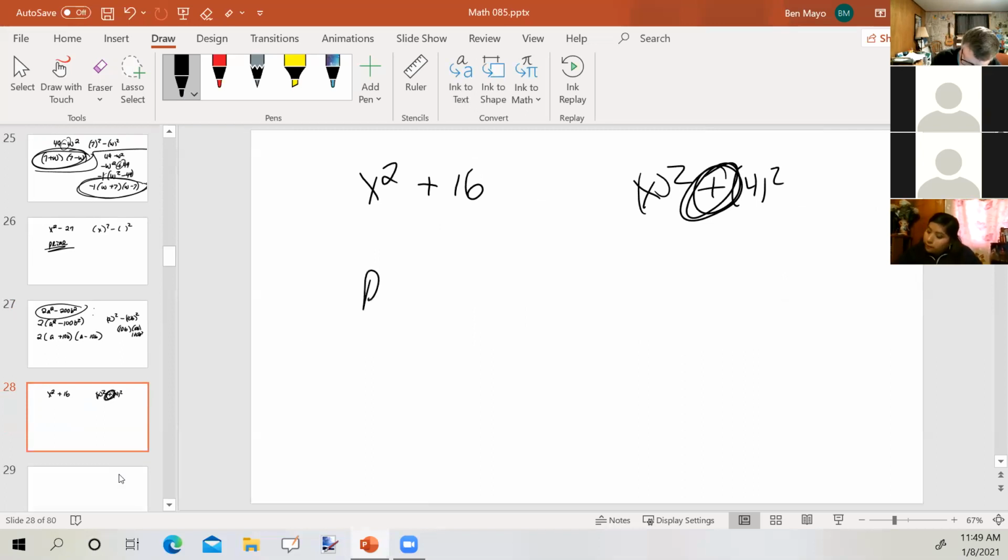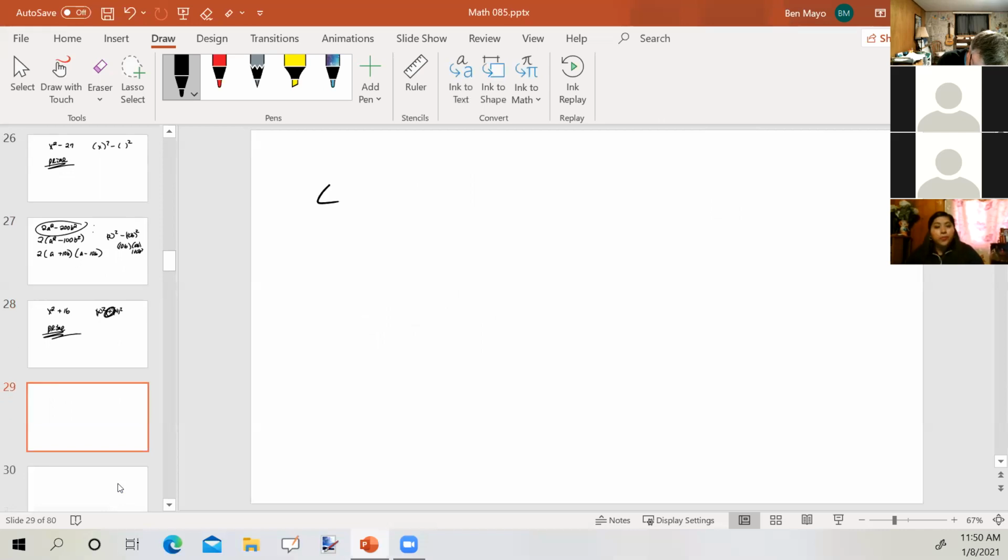This doesn't factor, so this is prime. I could almost make this statement. I could make the statement, but it's not true. I could almost say the sum of two squares is always going to be prime. And that's not true. Let's look at an example.